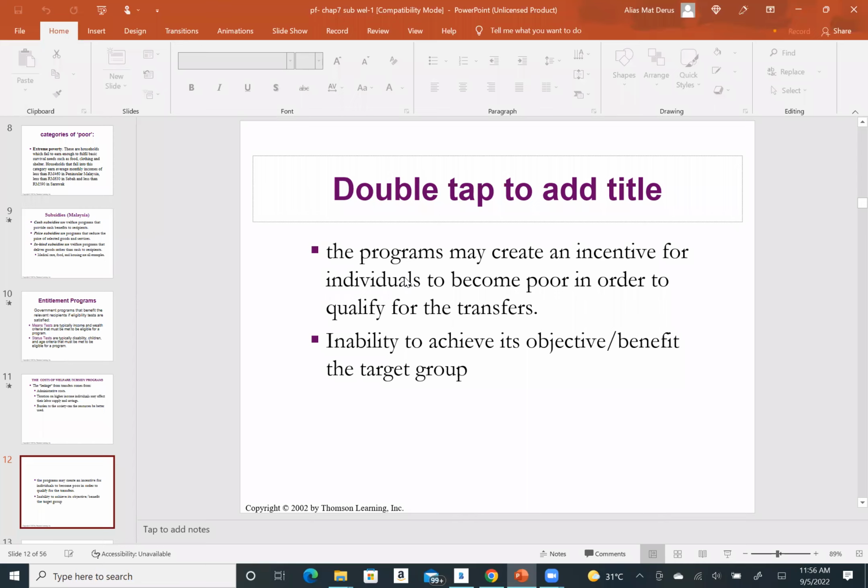How do you understand that? If the program, let's say, target B40, some people who are M40 target to be more poor to get the incentive.